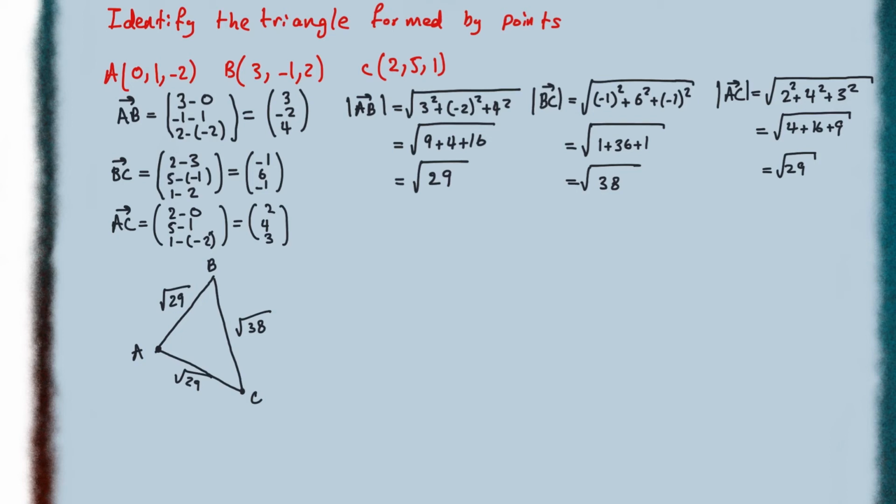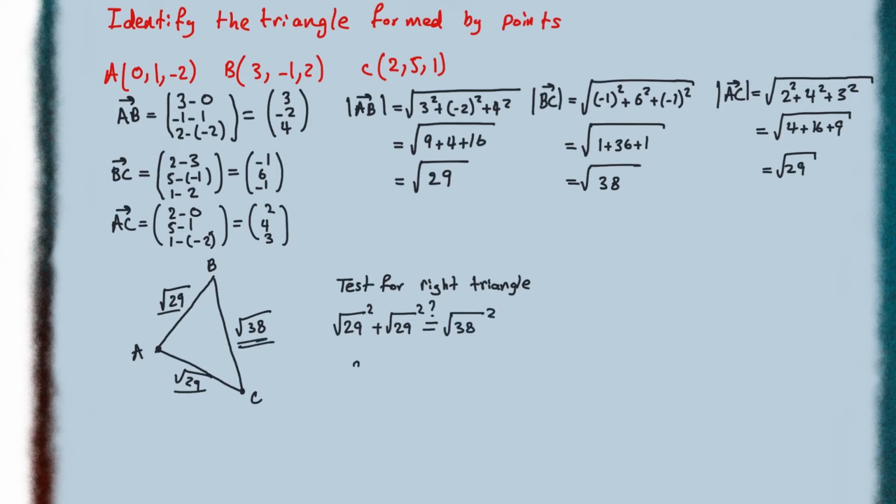Okay, we know it's an isosceles triangle because 2 of the sides are the same, but we also want to test for a right triangle by using the Pythagorean theorem. That means root 29 squared plus root 29 squared should equal root 38 squared, given that it is a right triangle.